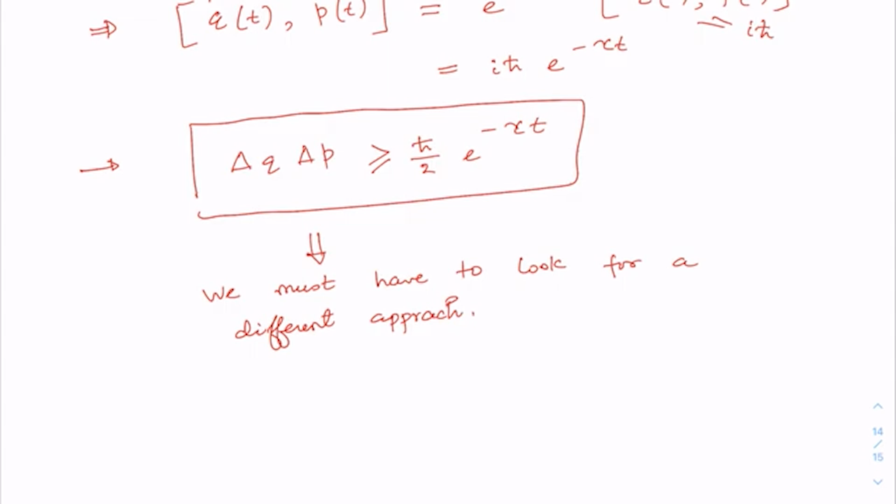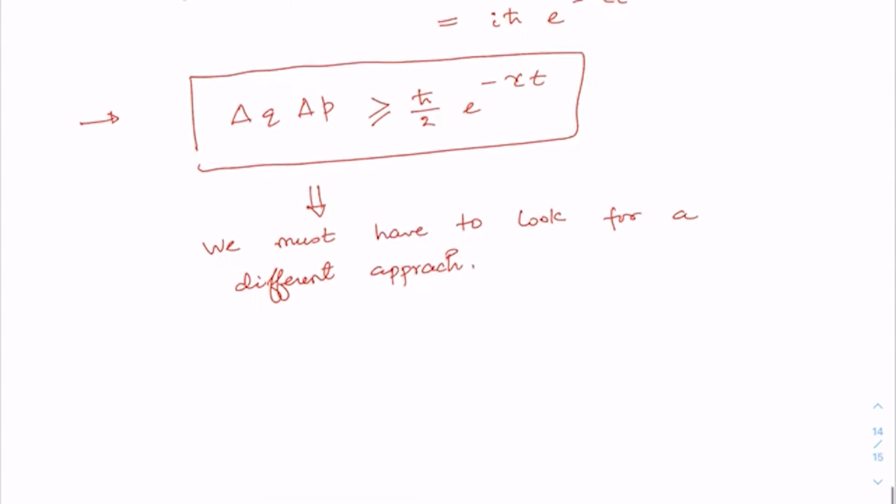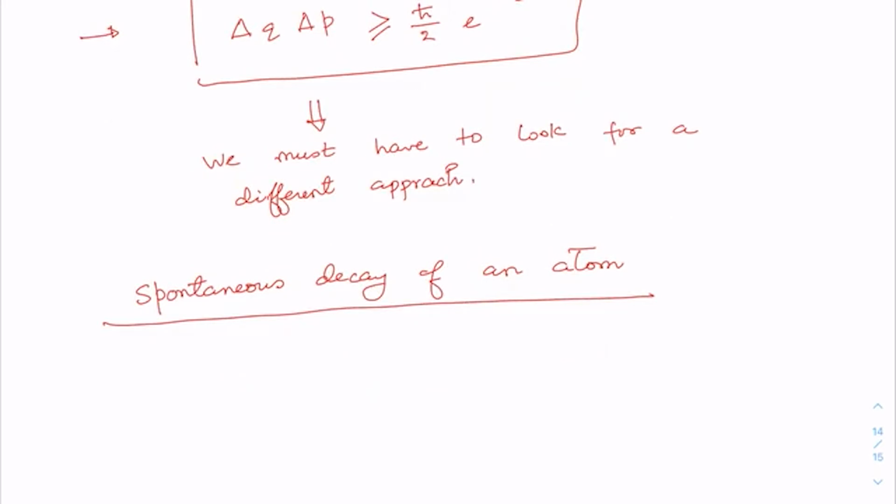Now let us see how one can formulate a simple model for the so-called spontaneous decay of an atom. For simplicity, let us consider a two-level atom. Say the ground state is represented by |g> and the excited state by |e>, and the energy difference is ħω_atom.